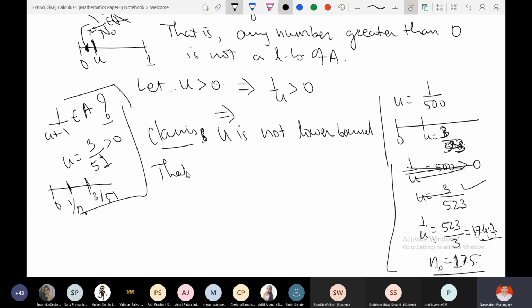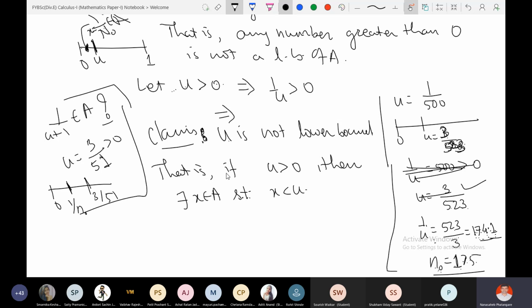So what is my claim? If u is greater than 0, then u is not a lower bound. u is not a lower bound means there exists some member x in set A such that x is less than u.